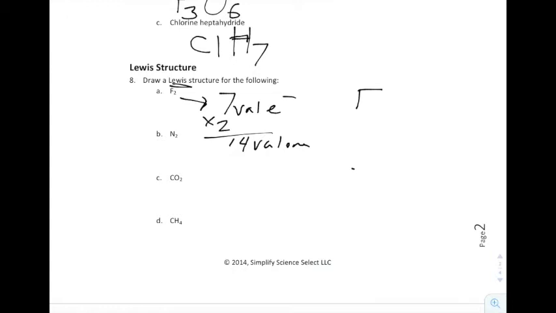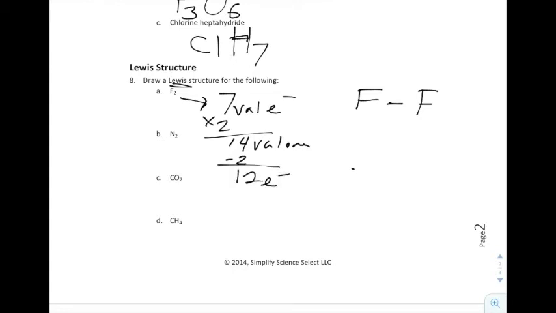So I draw both fluorines and I connect them with a bond because this is a bonded substance. I subtract 2, since there are 2 that are there, and I have 12 electrons left. Since I have 12 electrons left, I have to ask, is that enough to distribute to these fluorine atoms?